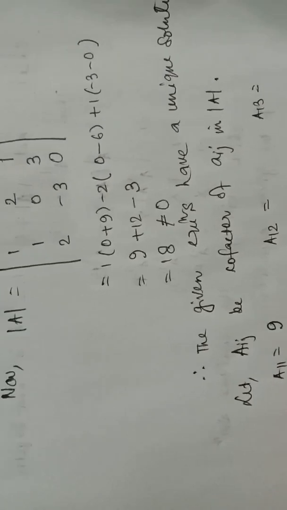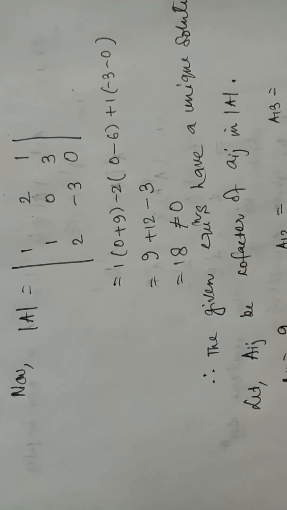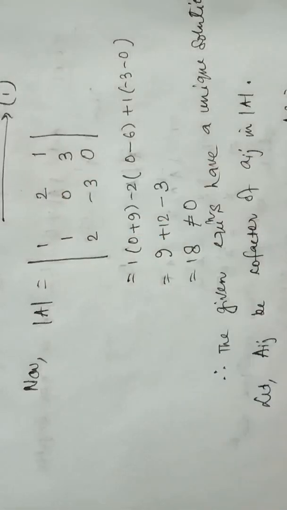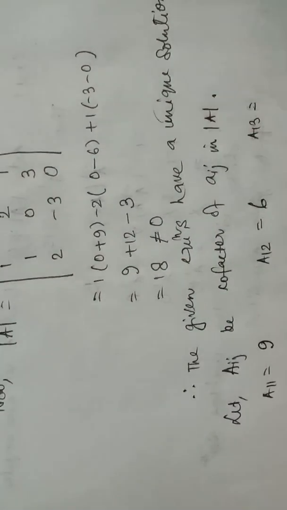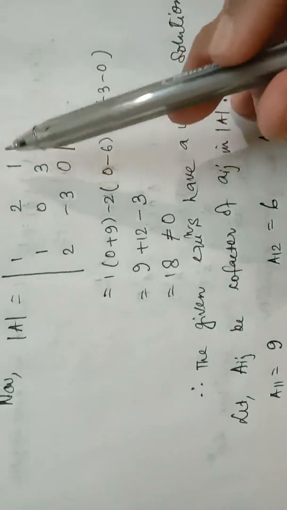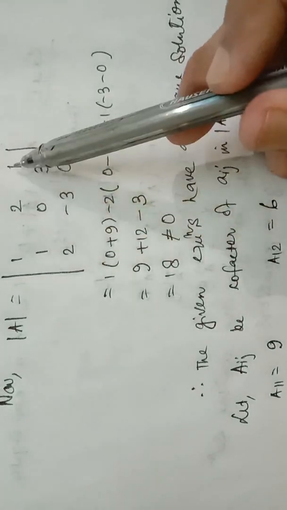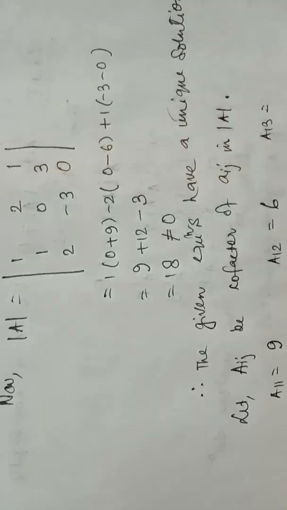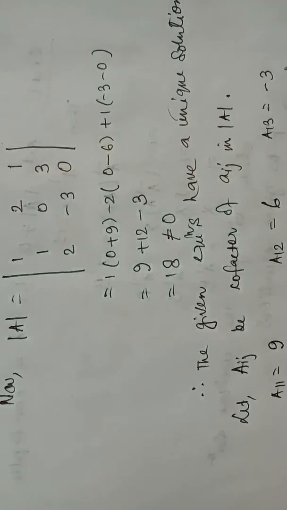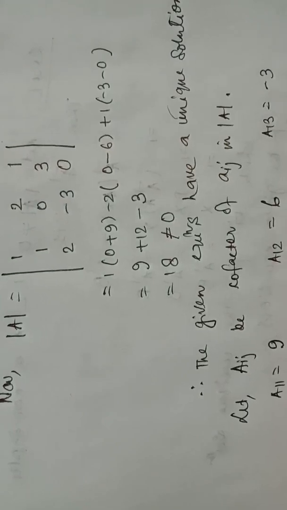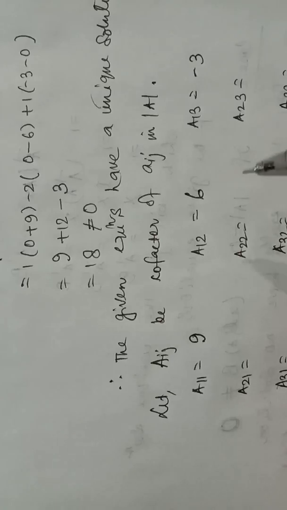Similarly, one by one I will find cofactors of all the elements. Cofactor of 2 will be plus 6. Cofactor of this element will be minus 3 minus 0, that is minus 3, and for this element the sign is plus, so it will be minus 3. Next, let me write the cofactors.